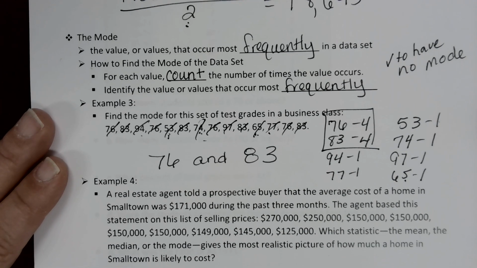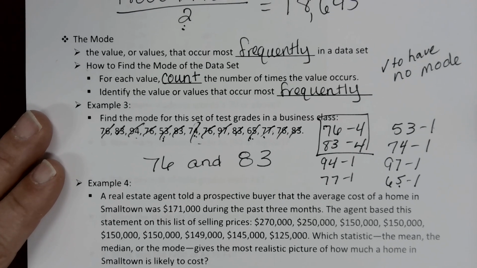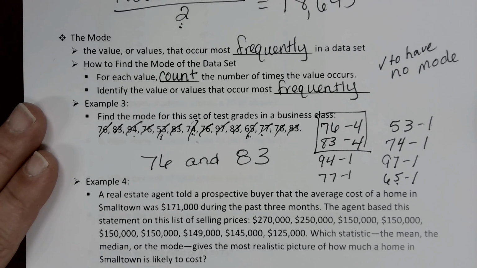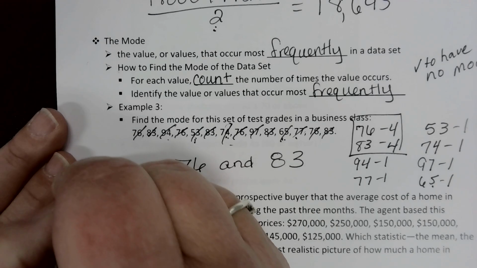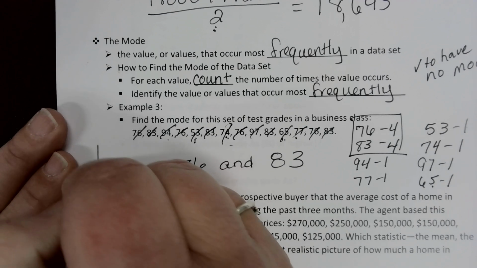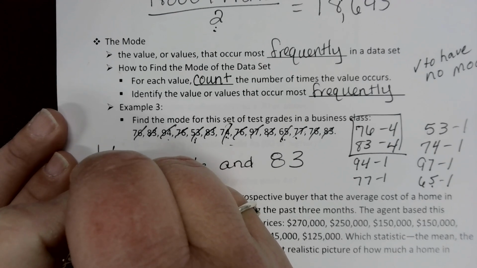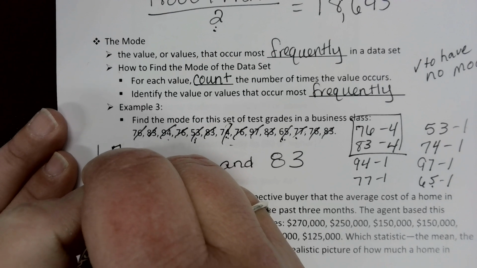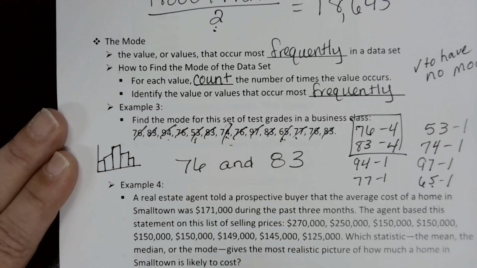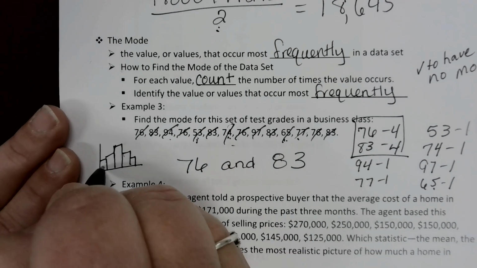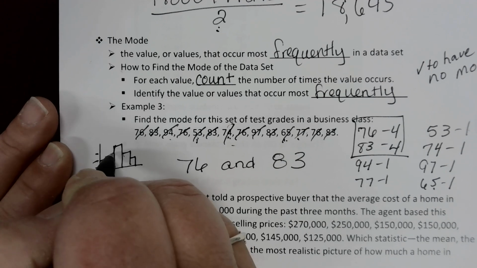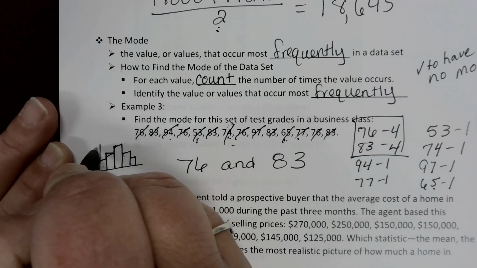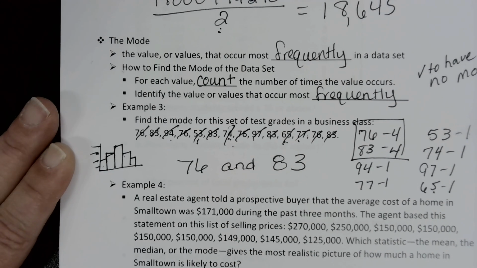Okay? Now, it could get a little more complicated if you were trying to read it from a graph, but not really. Let's say you had a bar graph here, and it looked kind of like this. You would want to find out how many things are in each bar.